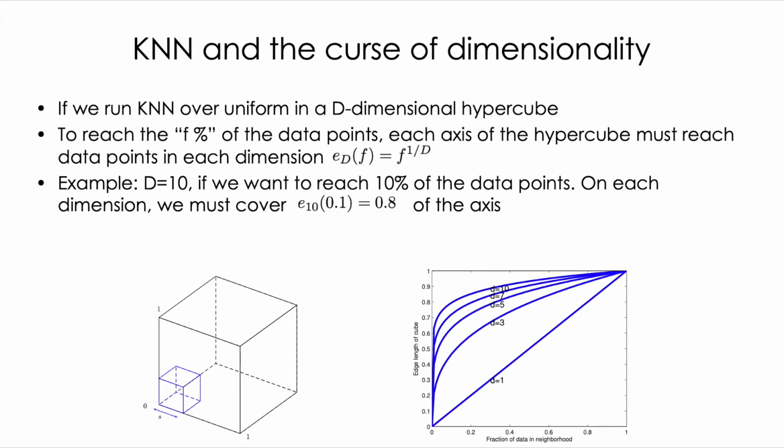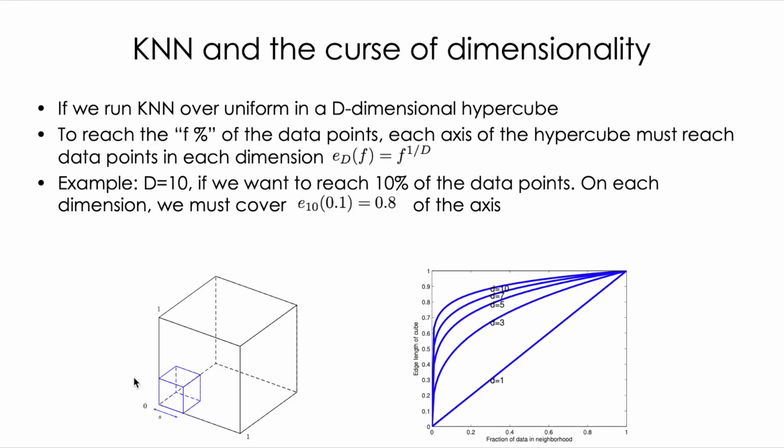For you to have an understanding of this problem, imagine we have a data cube like the one on the left side. We can think that if we have a bunch of uniform points inside this cube, and we were to increase this blue cube that is inside the bigger one, if we wanted to grab 50% of the data points within this cube, our intuition tells us that the blue cube should be able to reach 50% of the size of the black cube in every dimension, right?